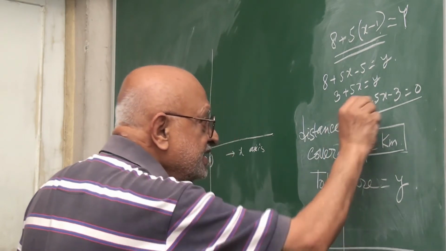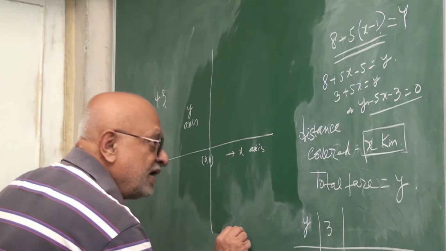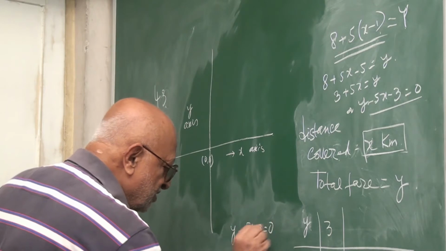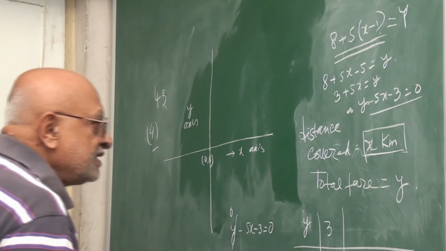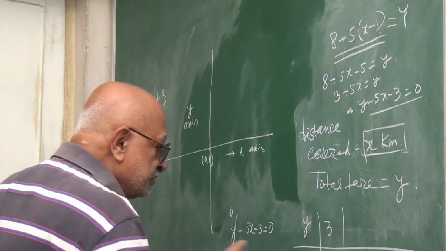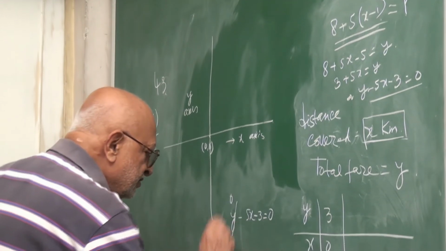Right? Very easy. Okay, let's do it this way. y minus 5x minus 3 equal to 0. Put y equal to 0. So then x is equal to y. No, this is where we put x equal to 0, so not y equal to 0.